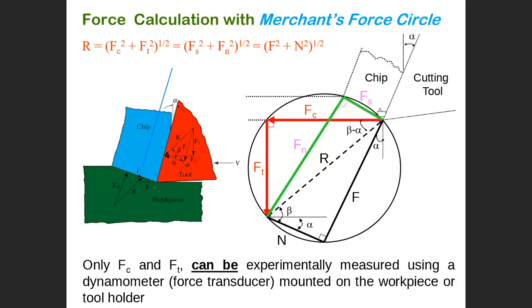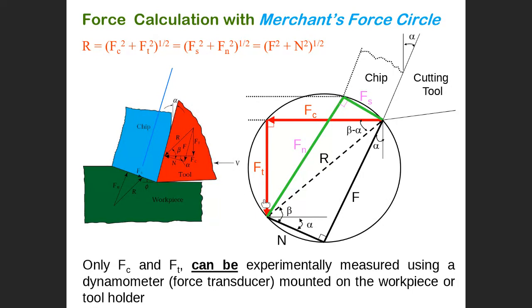The angle is 90 degrees. This is R, the resultant force, and the resultant force is the same for FC, FT, F and N. Also there are another two forces. FS is generated in the shear plane, and this force happens to shear the workpiece material.